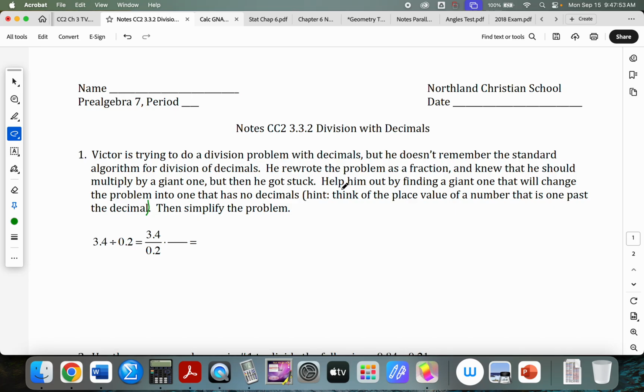Well, let's look at the hint. Think of the place value of a number that is 1 past the decimal. What is the place value of that? 10. Multiply by 10 over 10.